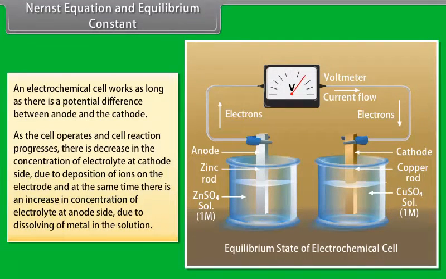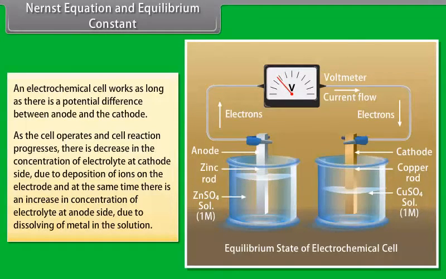Let us consider that the cell reaction is aA + bB gives rise to cC + dD. The value of the reaction quotient is given by Q is equal to [C]^c [D]^d divided by [A]^a [B]^b.